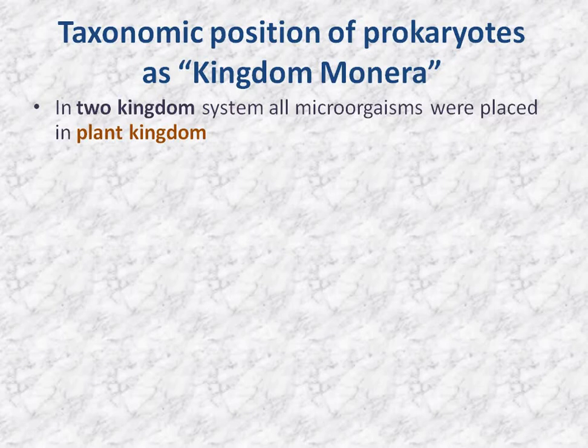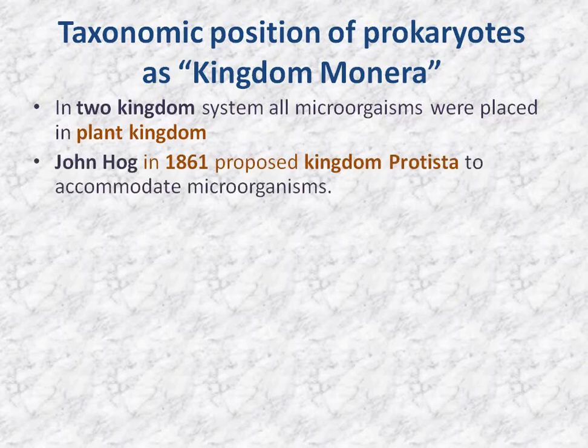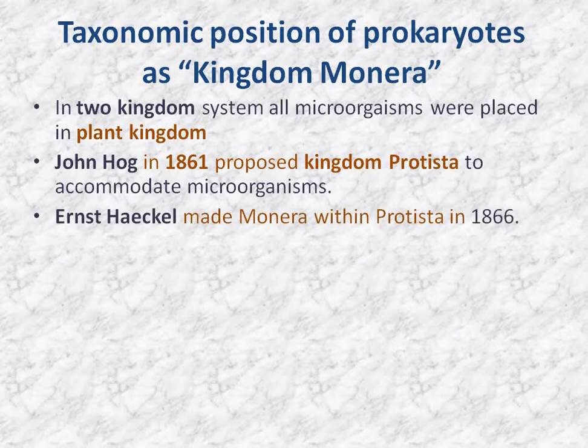Previously we used the two kingdom system in which all living organisms were divided into two major groups, animal kingdom and plant kingdom. All microorganisms, including prokaryotes, were placed in the plant kingdom, because they are autotroph and they have a cell wall. John Hogg in 1861 proposed kingdom Protista to accommodate microorganisms.